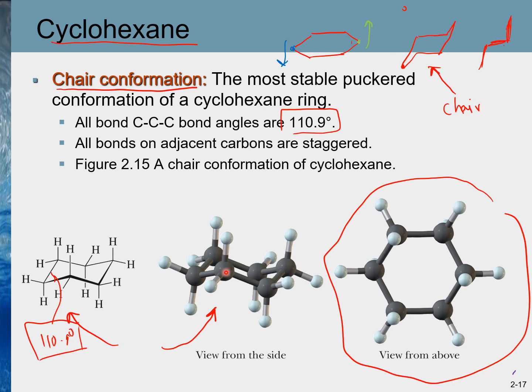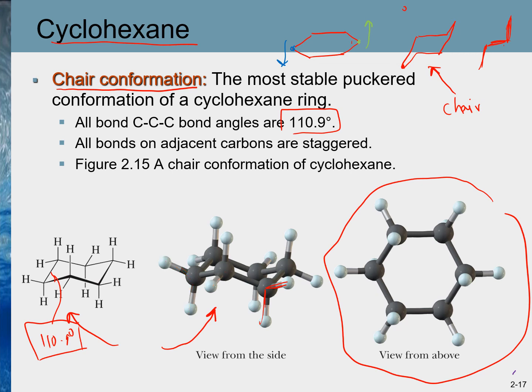Another important thing to notice here is that in chair conformation, all CH bonds are at staggered position to the neighboring CH bond. So for example, this CH bond, this one, is at staggered position to the neighboring one, and it's also staggered to the next neighboring one. So because of this, the torsional strain is minimum because dihedral angles are always 60 degrees.